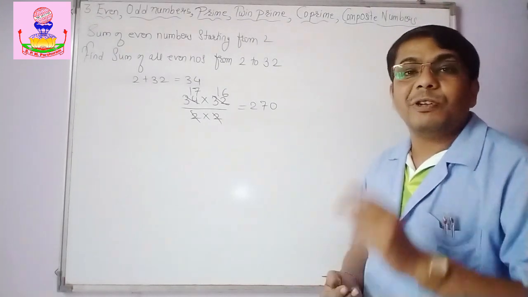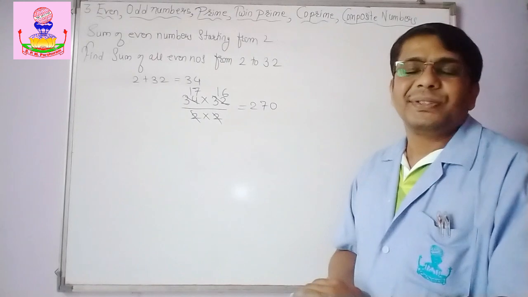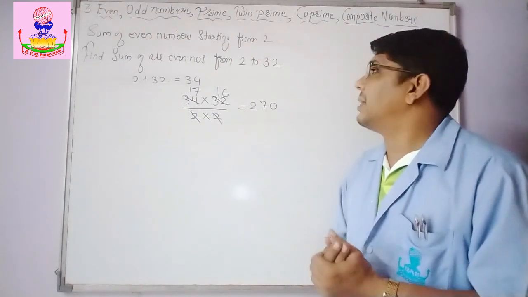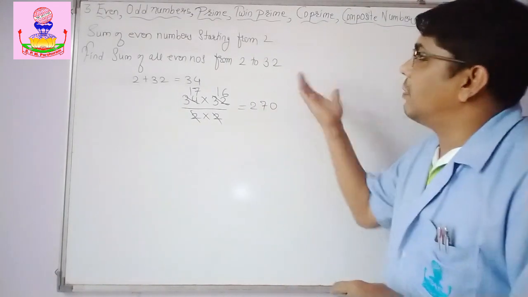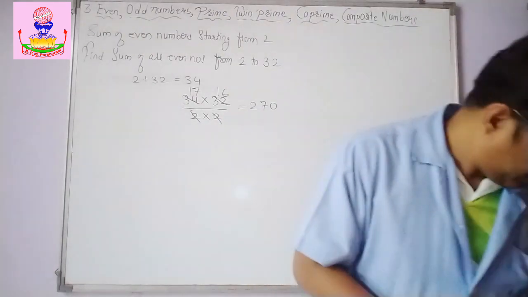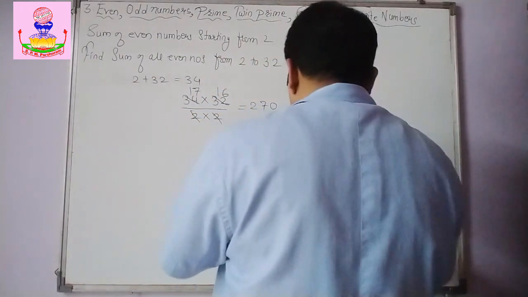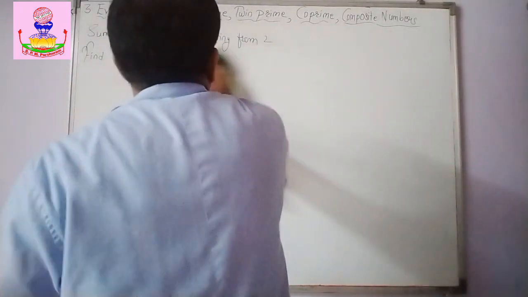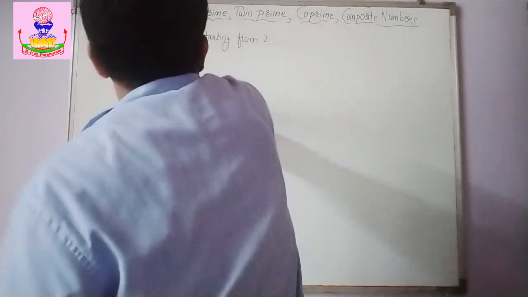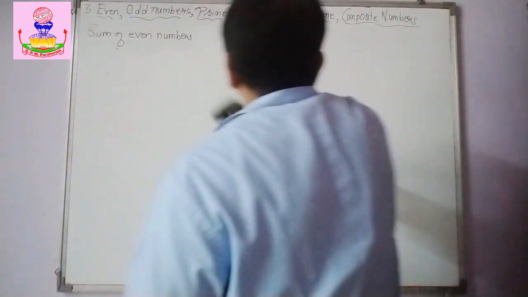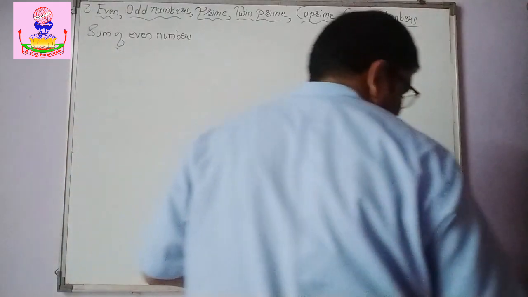Okay. So this is when the numbers begin from 2. You can prepare your own questions, doesn't matter. Then suppose they don't start from 2, then what? For example, sum of even numbers not starting from 2.